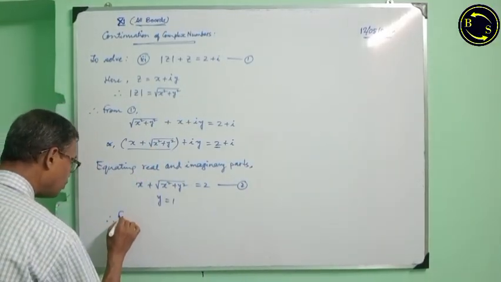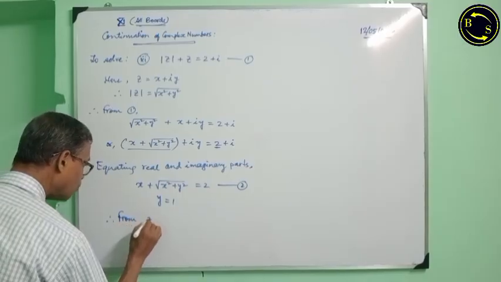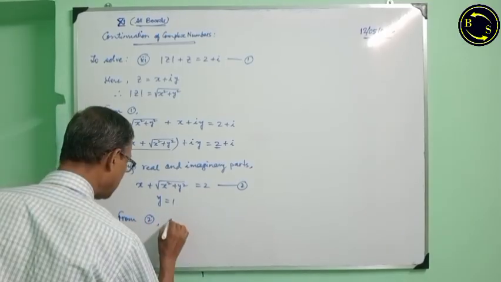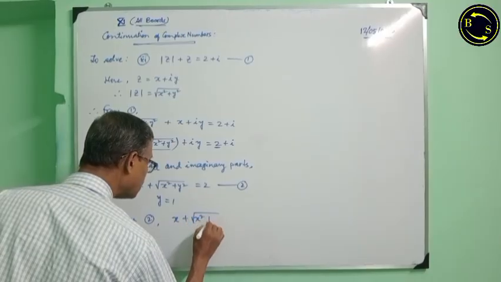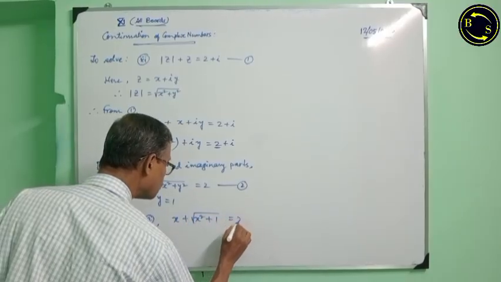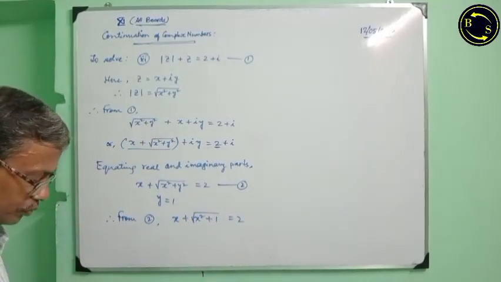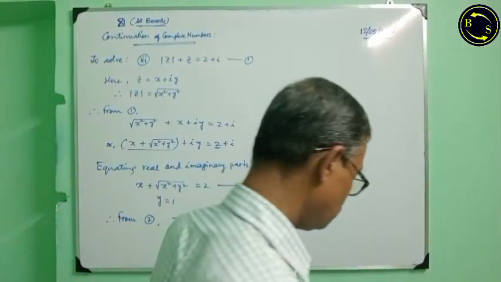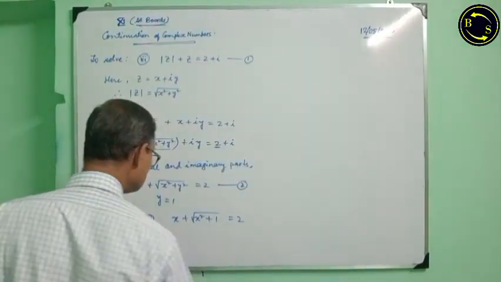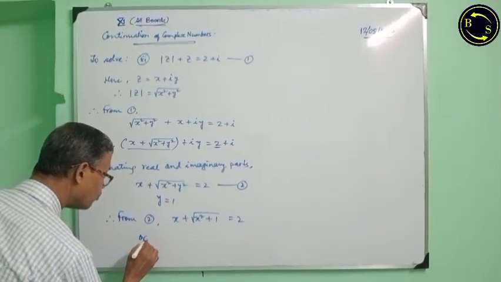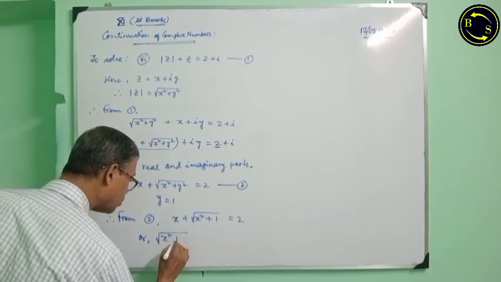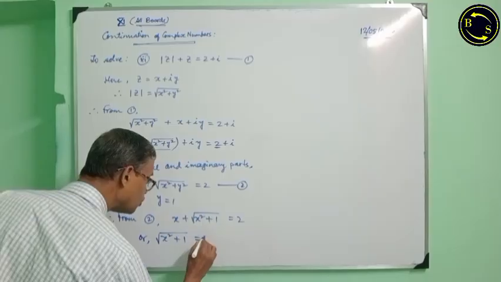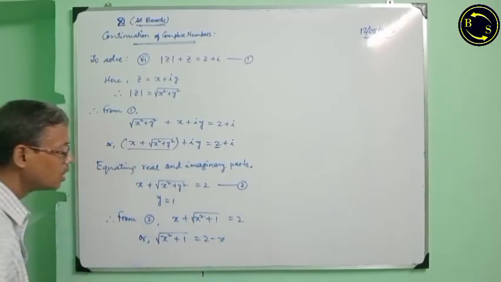Therefore, from 2, x plus root over x square plus 1 is equal to 2, or root over x square plus 1 is equal to 2 minus x.